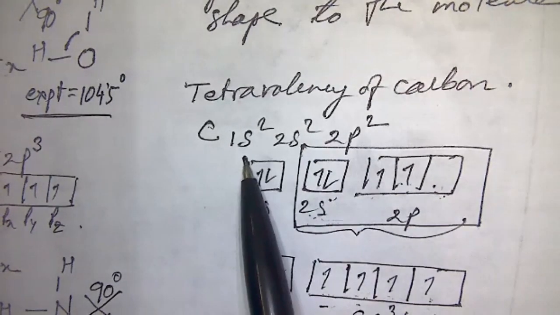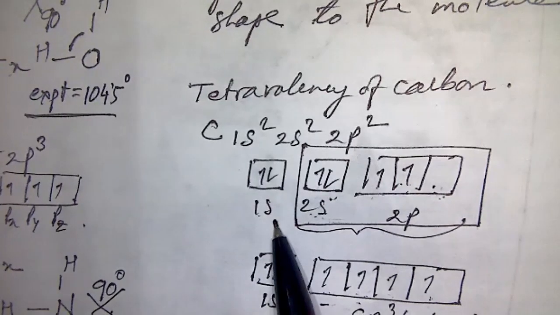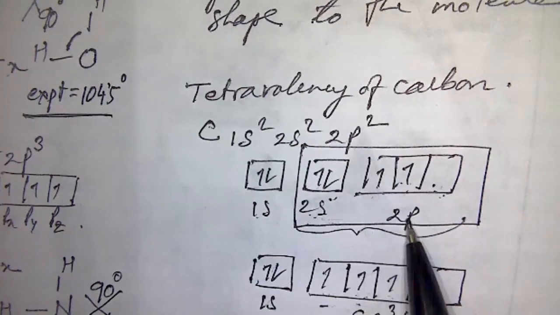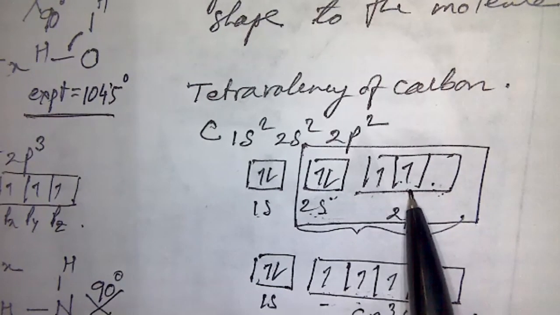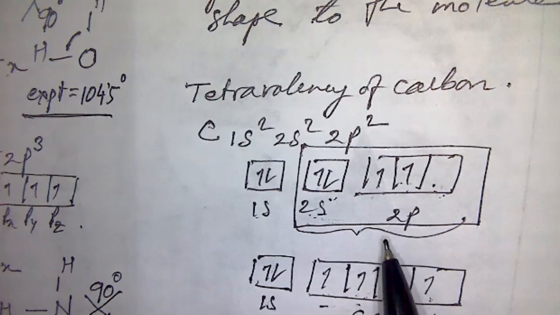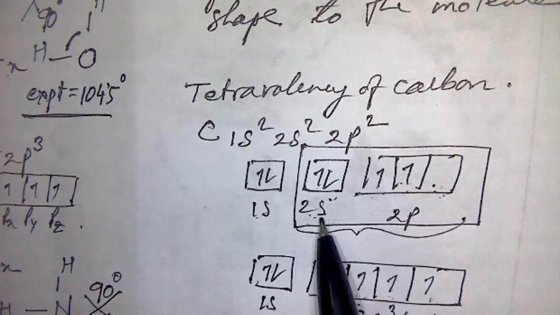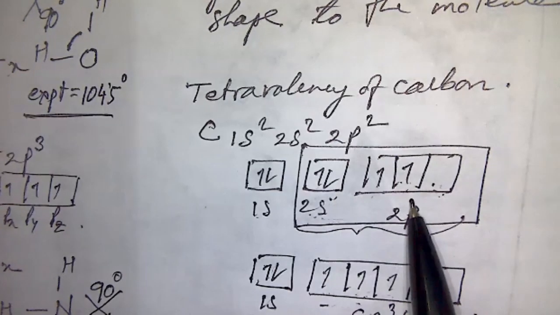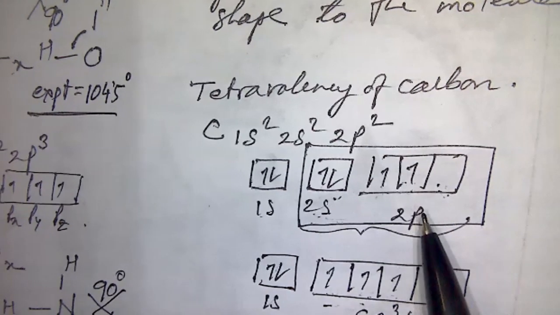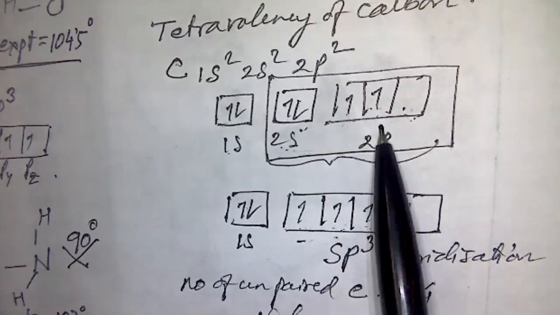Tetravalency of carbon. We are taking the hybrid atomic orbitals. So 1s has 2, 2s has 2, 2p has 2. So 2 unpaired electrons, the valency should be 2, but actually it is not 2, it is 4. So what happens? 2s and 2p, the energy difference is very less. So these 2s and 2p, they combine, because the energy difference is less. And the next thing is when they are combining, one of the s and 3 of the p's are combining.